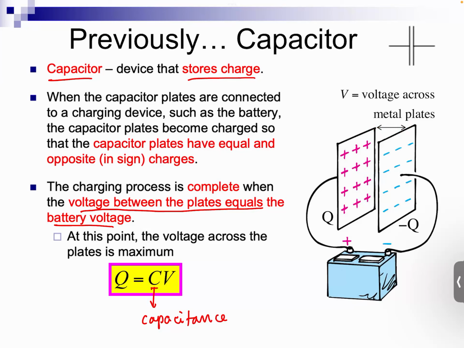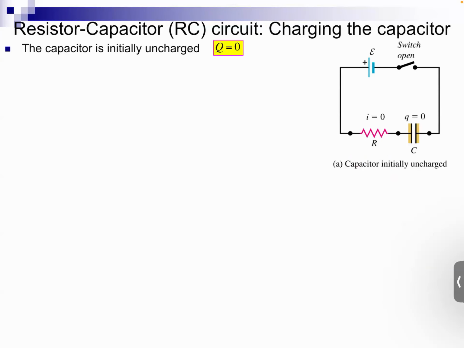So we learned this when we encountered the capacitor, but we did not really discuss what actually happens during the charging up process, right? You connect the capacitor to the battery, the capacitor charges up. That's all we've learned. But what exactly happens during the charging process is what we will learn today, right?